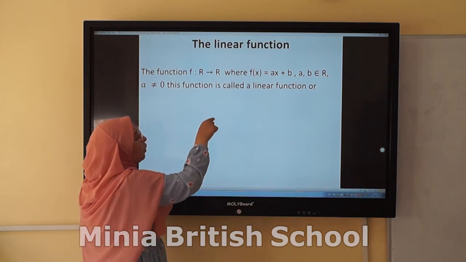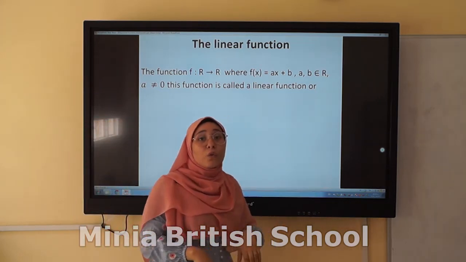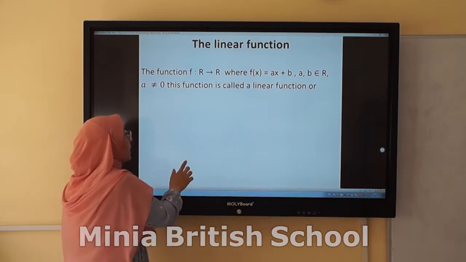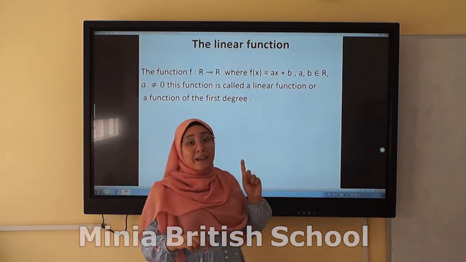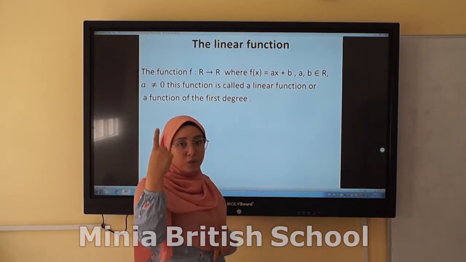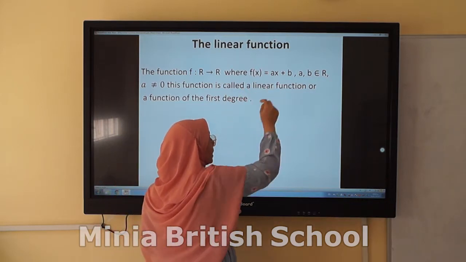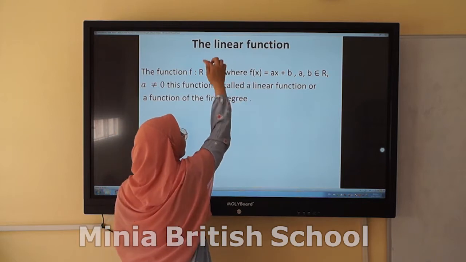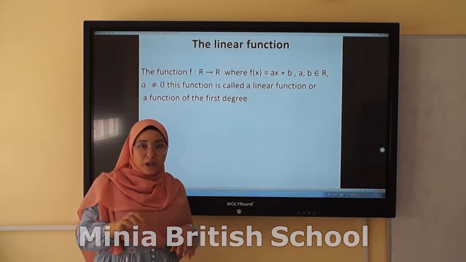This function is called a linear function, or a function of the first degree, because the index of x here equals 1, okay?